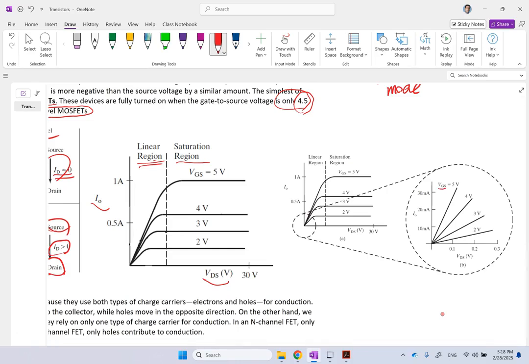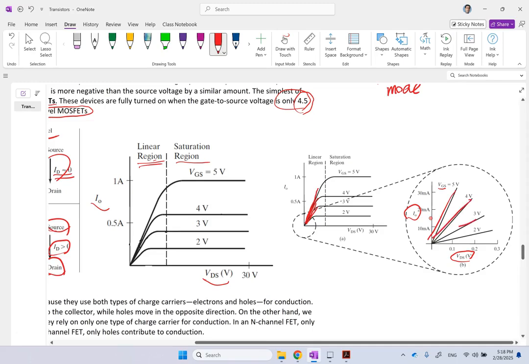If you look at them for different gate source voltages, you see the behavior of current through the transistor and the voltage of the transistor, the behavior is perfectly linear, right? So that's why we call this region of I versus V the linear region, because unlike the BJTs where all of these curves will converge into a single line, in here they are not converging to a single line.